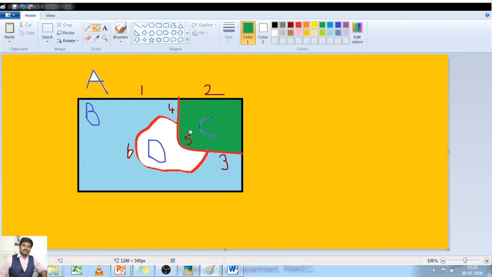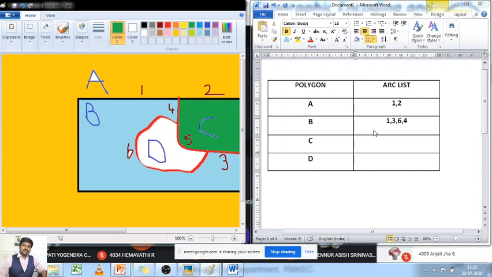So the answer is 2, 4, 5 and 3, or 2, 3, 4, 5. So the arc list for C is 2, 4, 5 and 3.